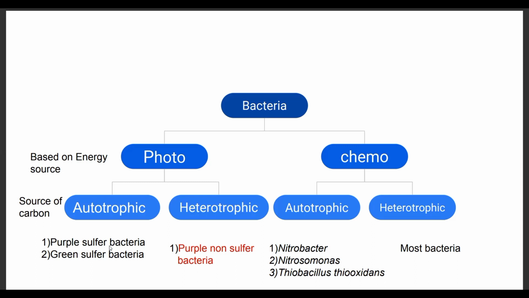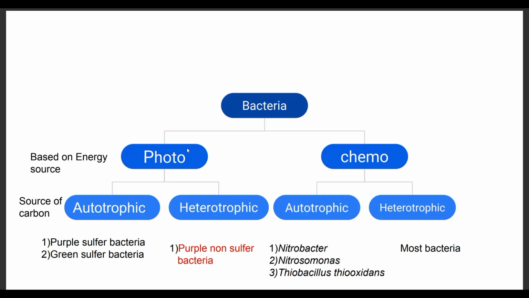Then chemoautotrophic. Chemo means they use inorganic chemicals. Chemoautotrophic, they use inorganic chemicals as their energy source and carbon dioxide. Autotrophic means they use carbon dioxide or inorganic carbon as their carbon source.